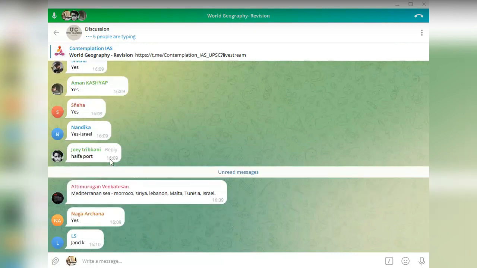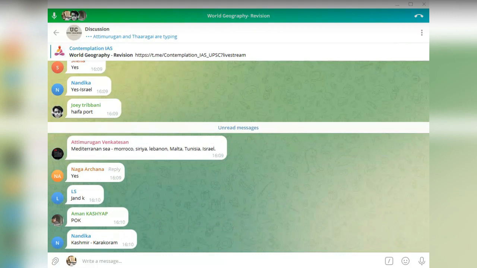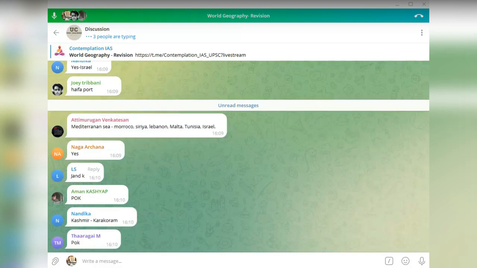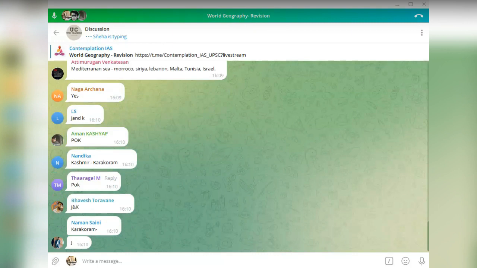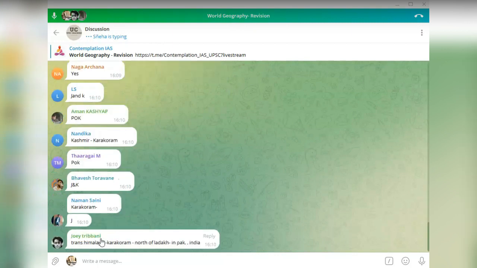Like, for example, is it in Pakistan? Is it in India? You can put the location and extension here. And rest of you, please be fast while typing your answers. POK, correct. Kashmir, exactly. Okay. What about Pakistan? No, it is not in Pakistan. Trans Himalaya, north of Ladakh, India, exactly.